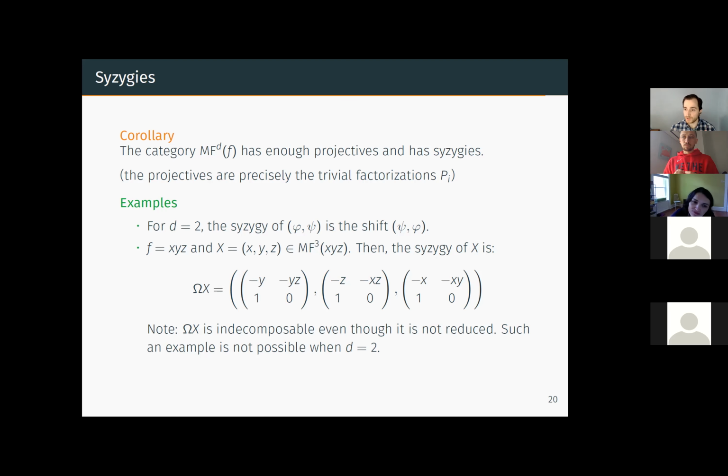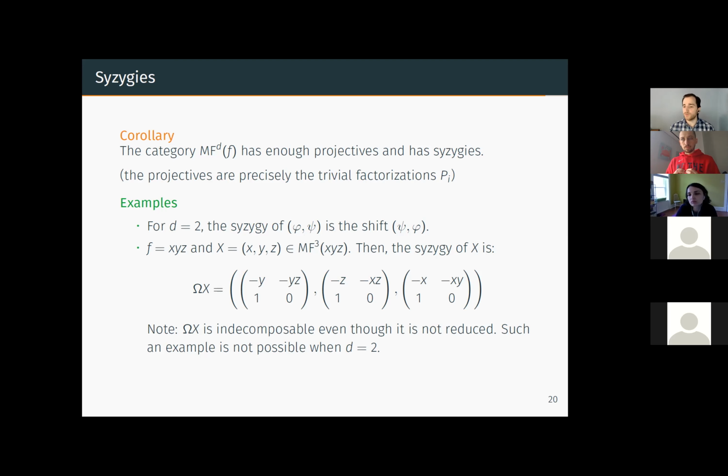There's not a one-to-one correspondence because there are some redundancies going on. So it's not a bijection, but if I just identify the free module, the projective module, with 0, you still have to be a tiny bit careful going back and forth between threefold factorizations and MCM R-modules. There's not a real good way to go back and forth that I understand yet. So this is really like a categorical syzygy.